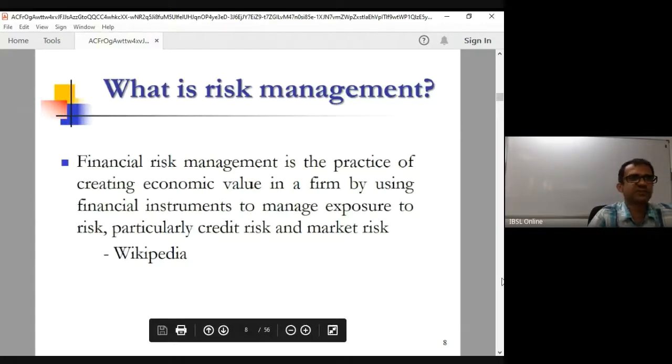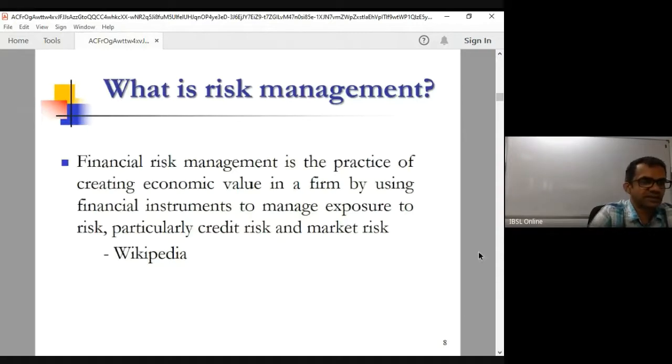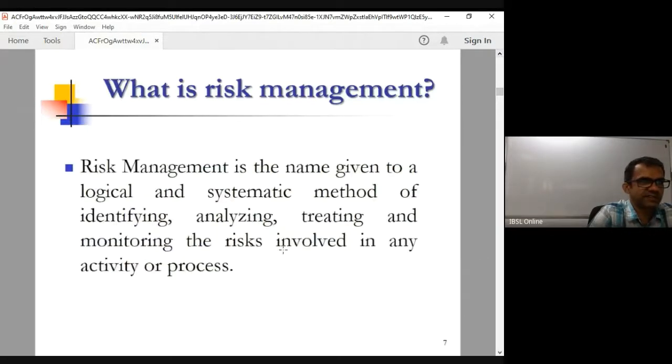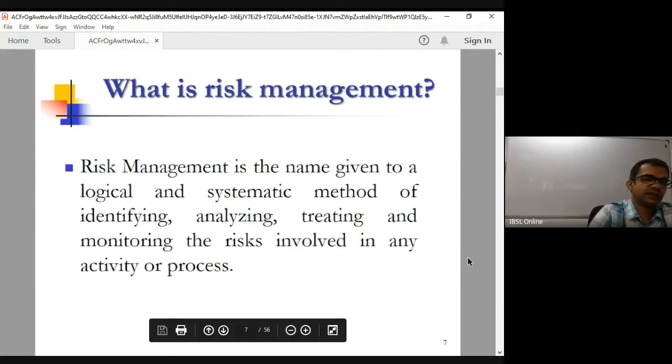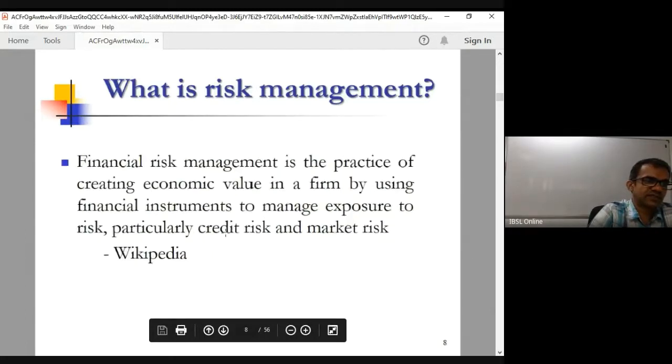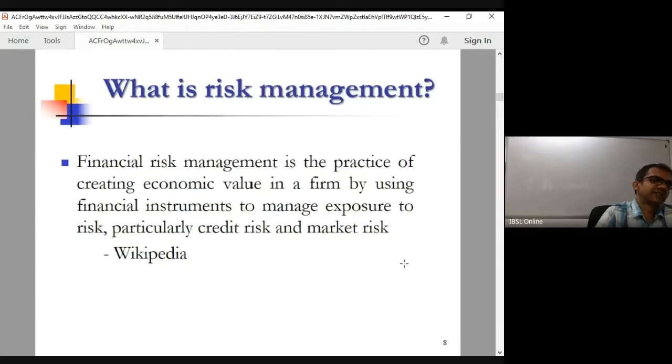Financial risk management is related to the previous activities: even in financial risk, we have to identify, analyze, treat and monitor the risks arising through market risk or credit risk. How do we measure credit risk? How do we measure market risk?